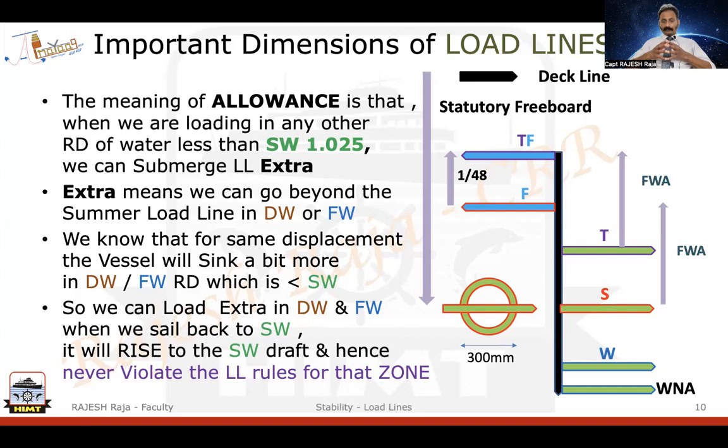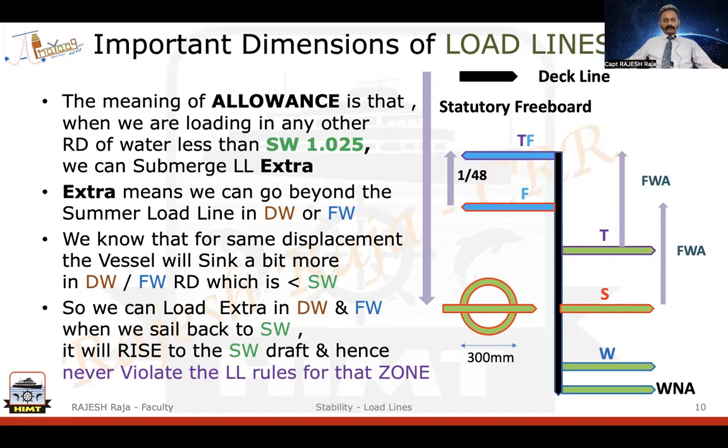So I can submerge my summer load line. I will load up to F. And then when I sail and come out of this freshwater port, let us say I'm coming back to sea, again, my vessel is going to rise and I'm going to come and exactly match with my summer load line, which is Sierra. So that is the whole idea regarding allowance.